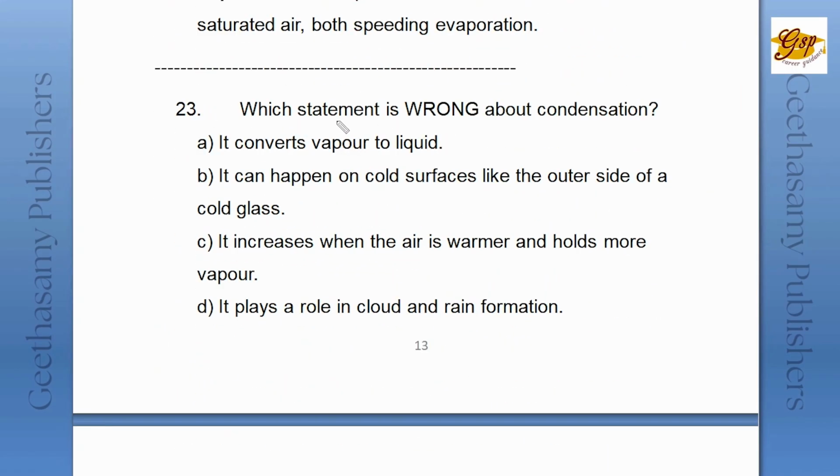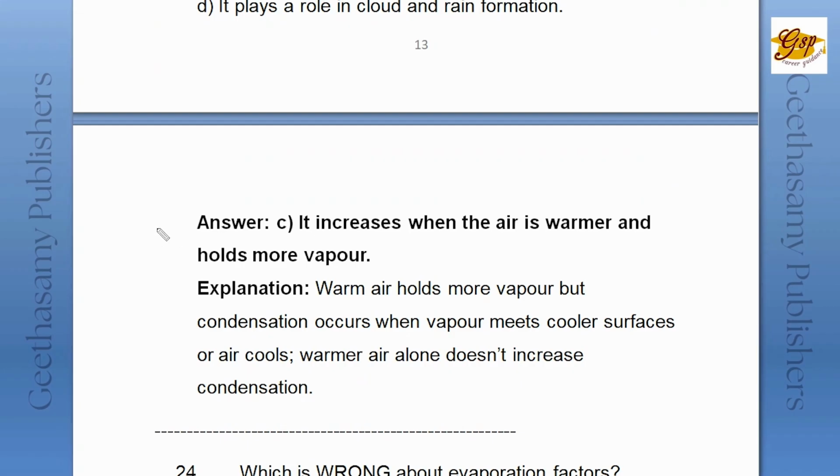23rd question. Which statement is wrong about condensation? It converts vapor to liquid. It can happen on cold surfaces like the outer side of a cold glass. It increases when the air is warmer and holds more water vapor. It plays a role in cloud and rain formation. So the correct answer is it increases when the air is warmer and holds more vapor.